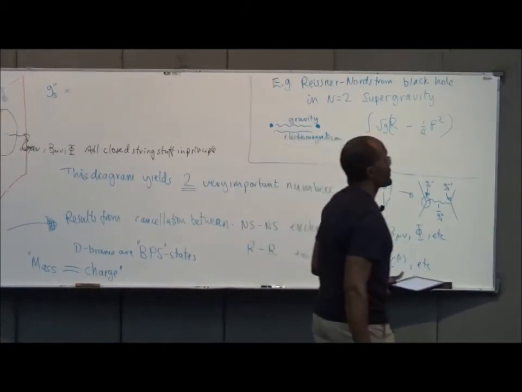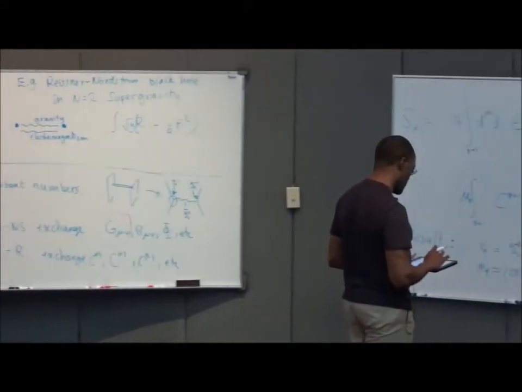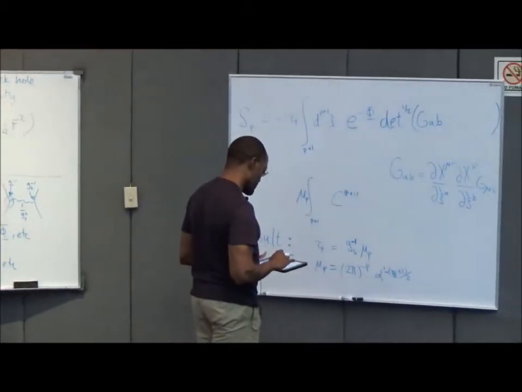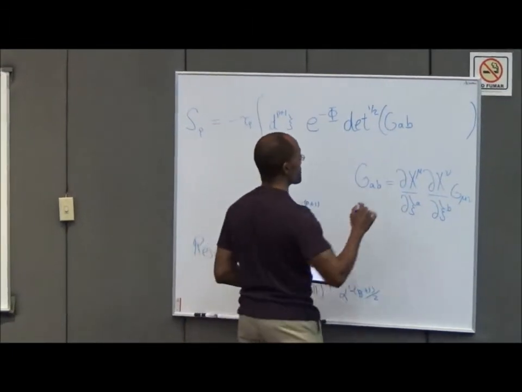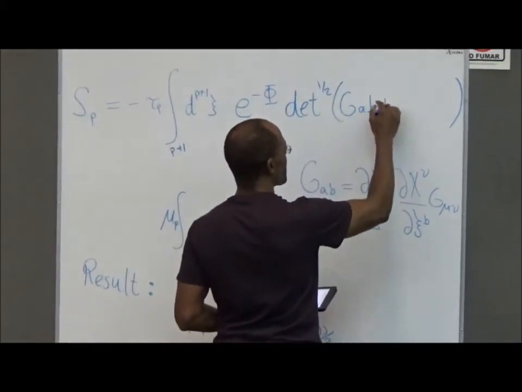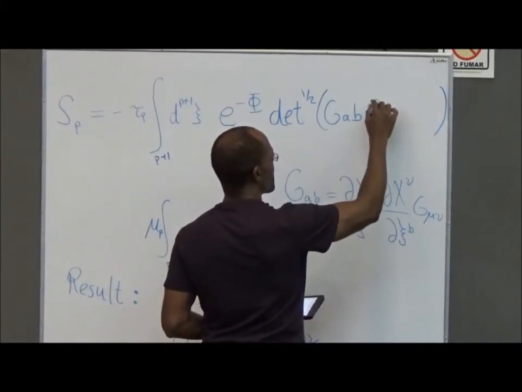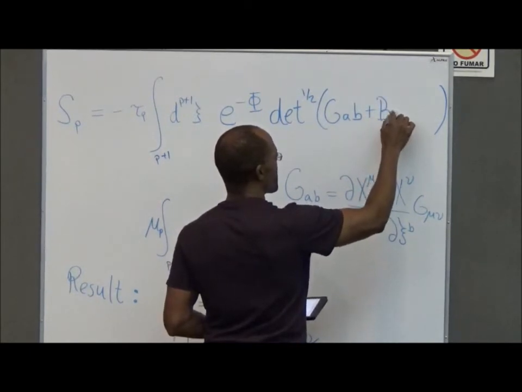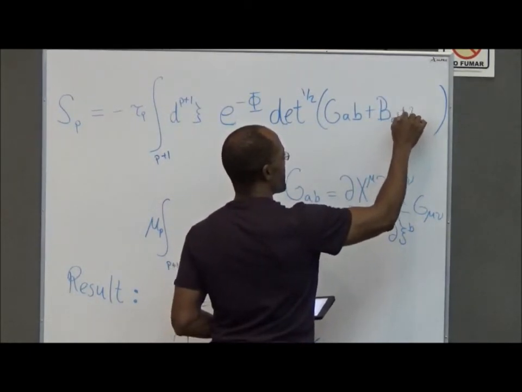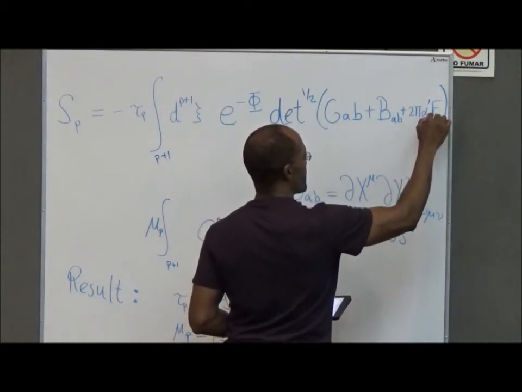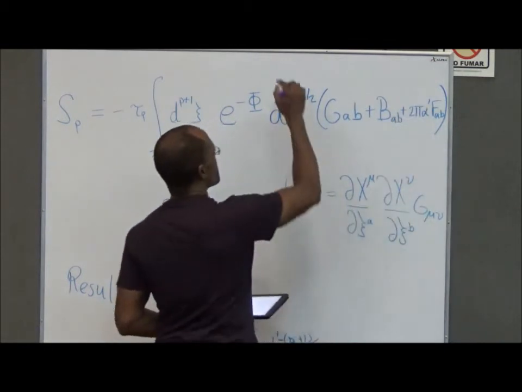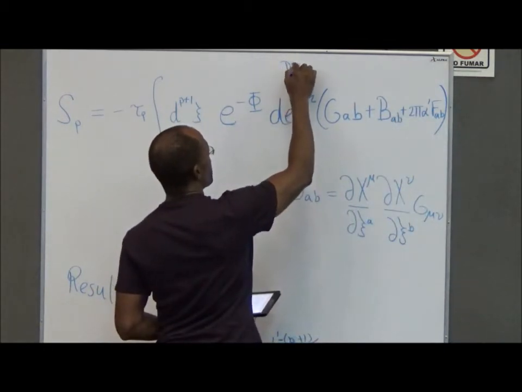Okay, so let me say a couple more things, and this is a little further afield than I can go in today's discussion. It turns out, I hate using that phrase, but there we go, it turns out that this full thing is often called the Dirac-Born-Infeld action.